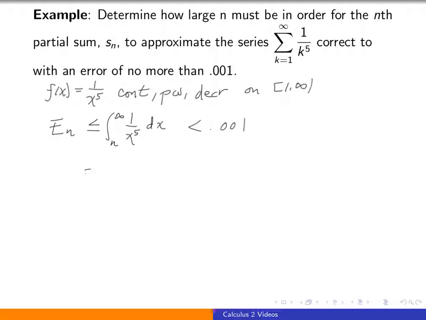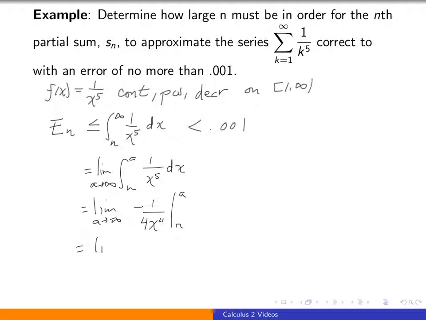So to evaluate this integral, we first write it as a limit. So the limit as a approaches infinity, the integral from n to a, 1 over x to the fifth dx. So noting that 1 over x to the fifth is x to the minus fifth, this would be minus 1 over 4x to the fourth from n to a. So we plug in a, put a minus sign, plug in n.